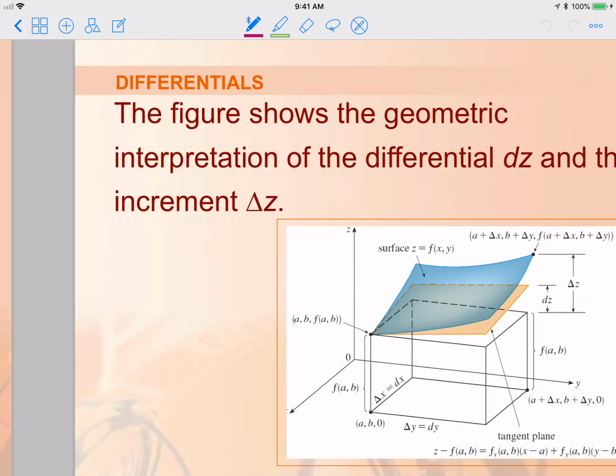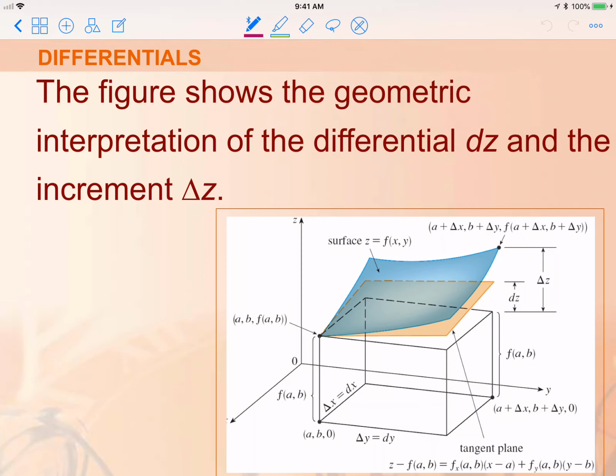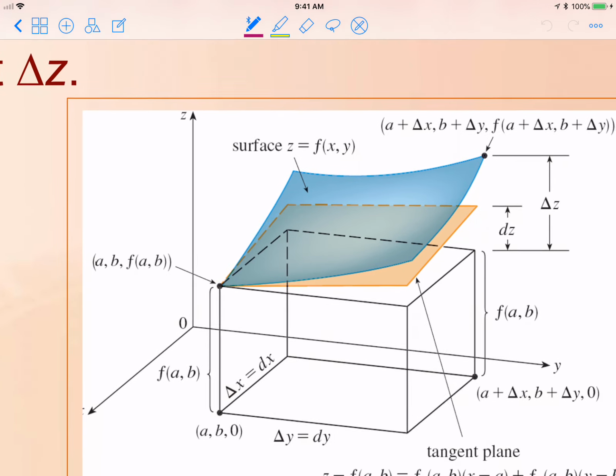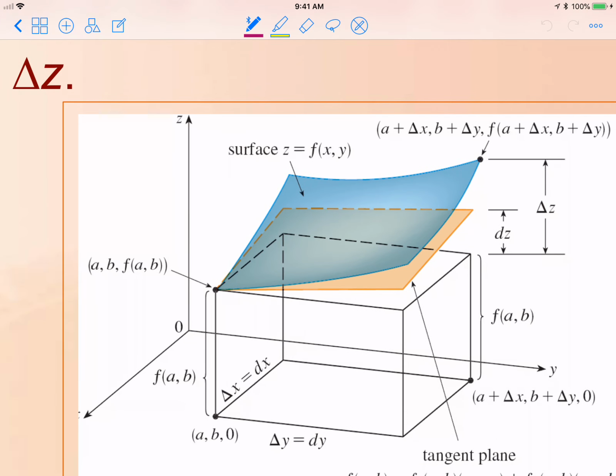So what I want to do is show a picture. This is the 3D version of the 2D picture that we had before. Now delta x and dx are in this direction, and your delta y and dy are in this direction.